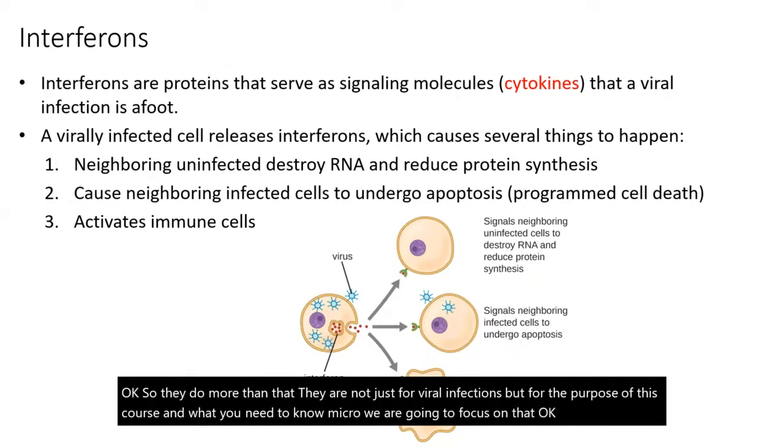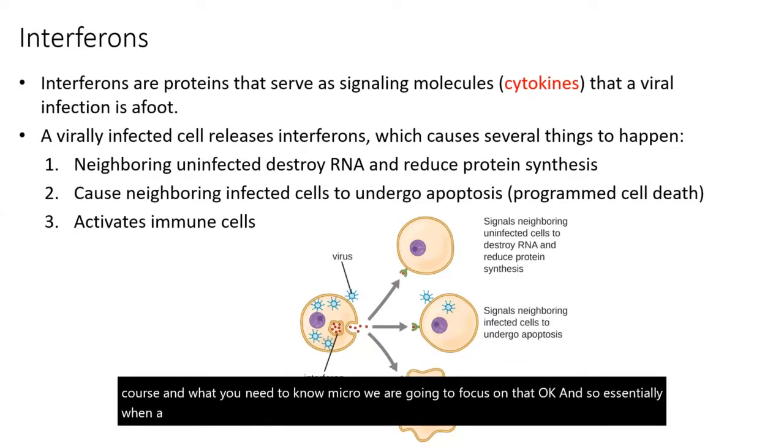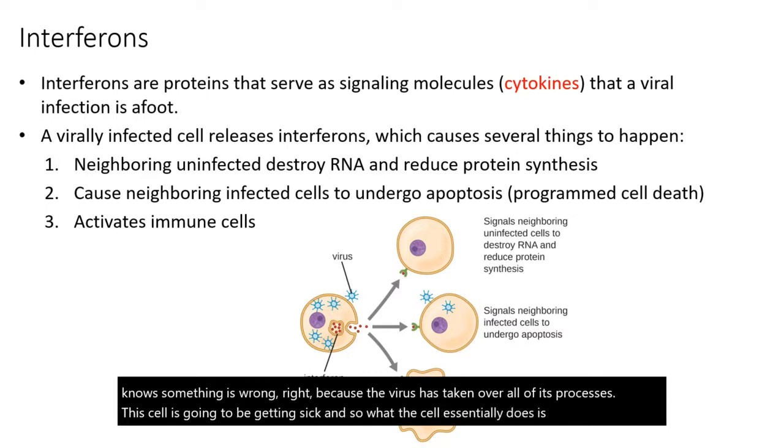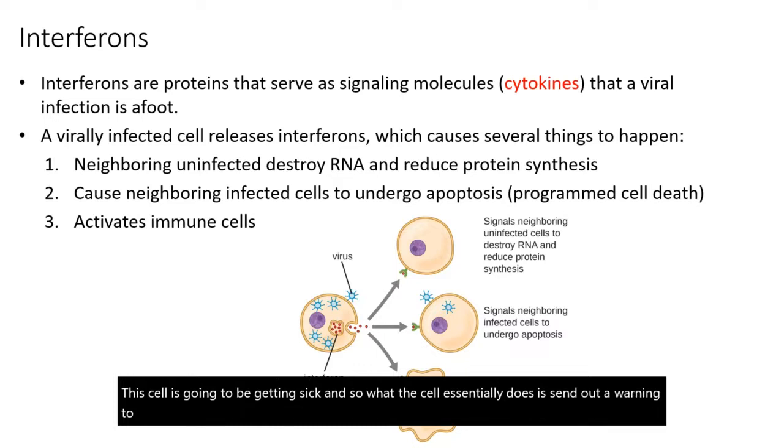And so essentially, when a cell is infected with a virus and the virus is replicating, that cell eventually knows something is wrong, right? Because the virus has taken over all of its processes, the cell is going to be getting sick. And so, what the cell essentially does is send out a warning to neighboring uninfected cells.